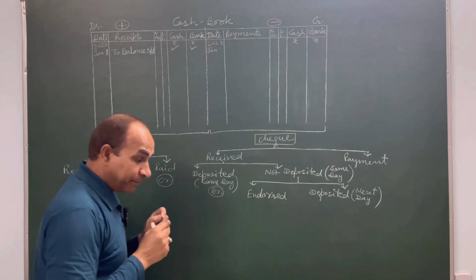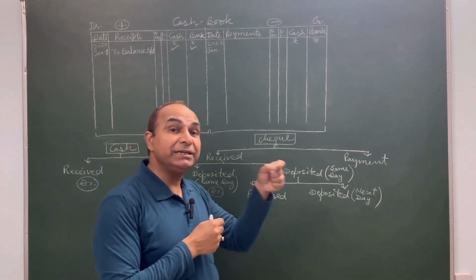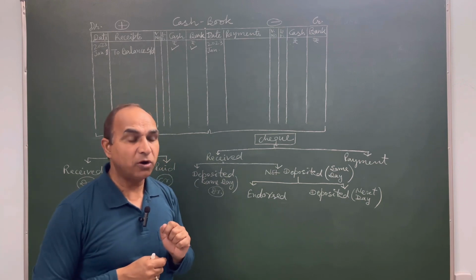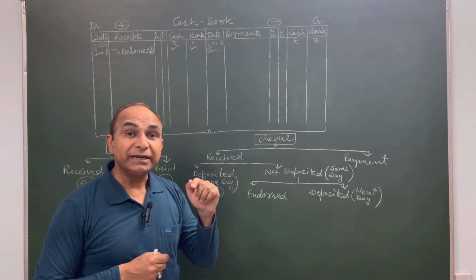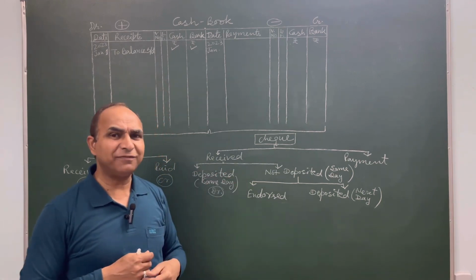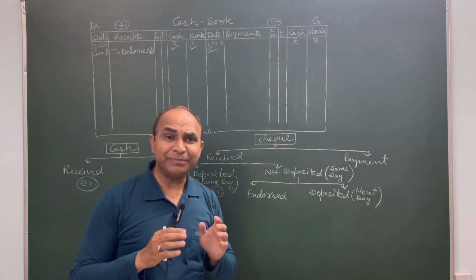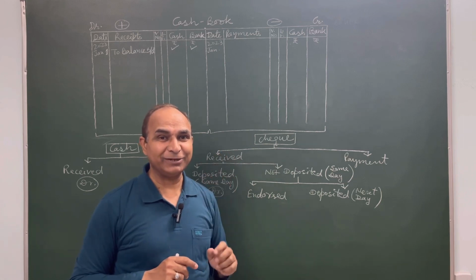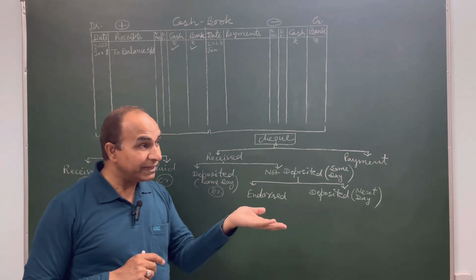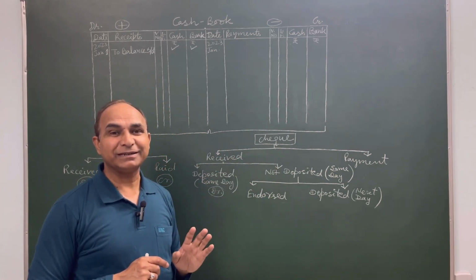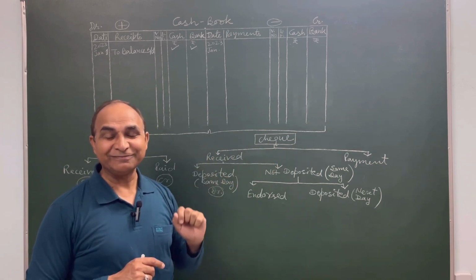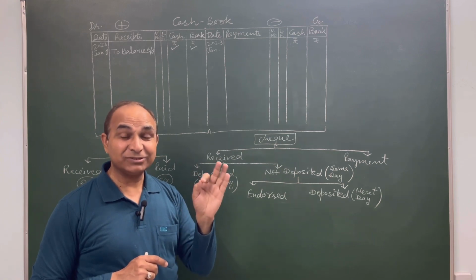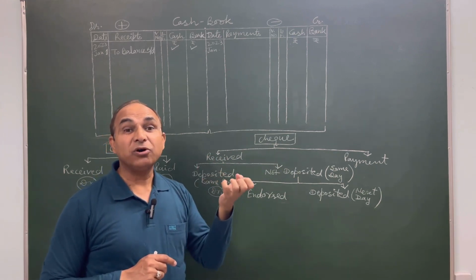But the bank balance may show a negative balance, which is termed a credit bank balance, also known as an overdraft. Overdraft facility is taken by each and every businessman by opening a current account. And overdraft means we have drawn an excess amount from the bank. So that is a negative balance, that is a credit balance, also known as bank overdraft.